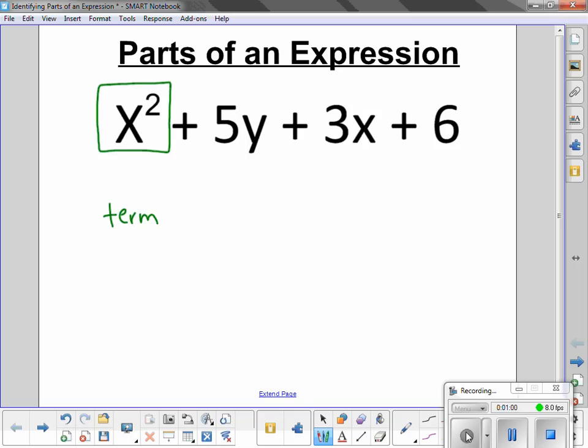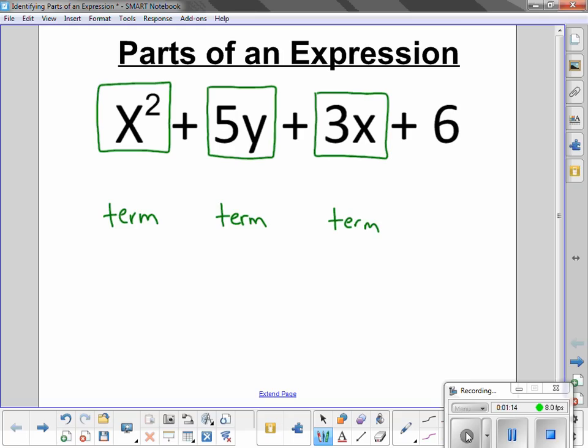Addition and subtraction signs separate our terms. So the next part, 5y, is also a term. 3x is a term. And then 6 is also a term.